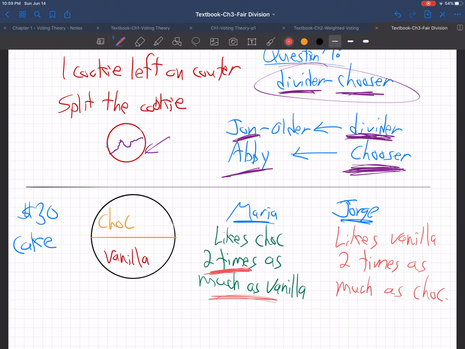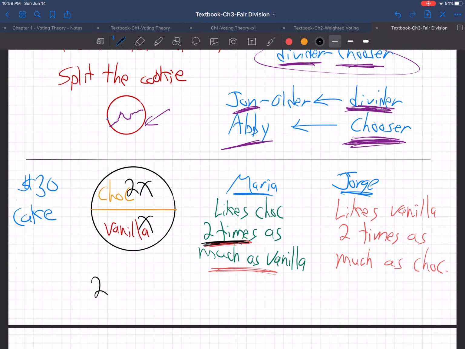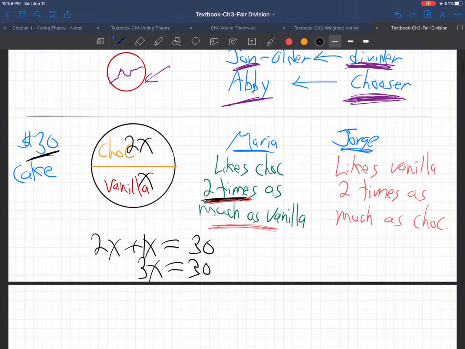Remember, she likes chocolate twice as much. So in other words, this chocolate part is worth 2x to her and the vanilla part is worth x, because she likes the chocolate twice as much. And the whole cake, 2x plus x, is worth $30. So if you solve that little equation, 2x plus 1x is 3x, equals $30.